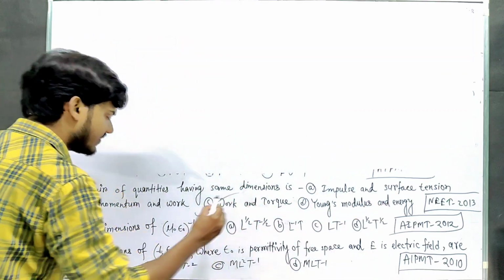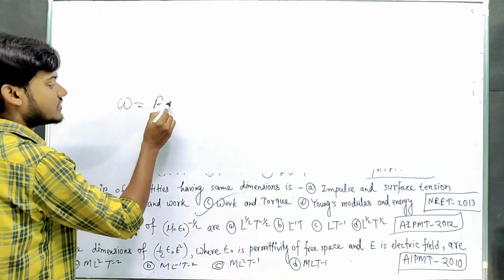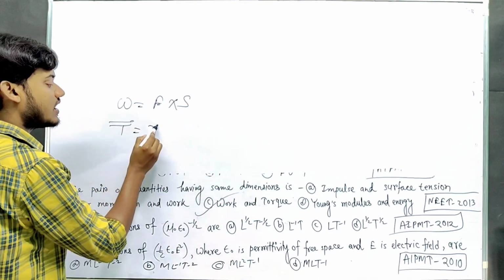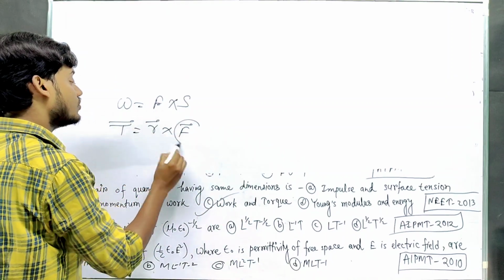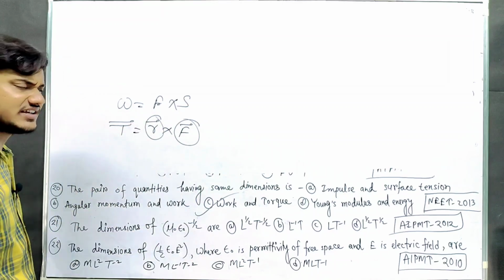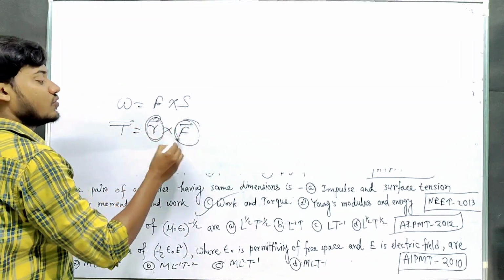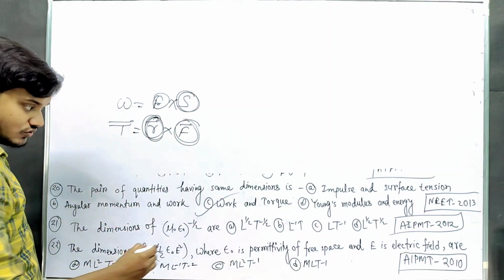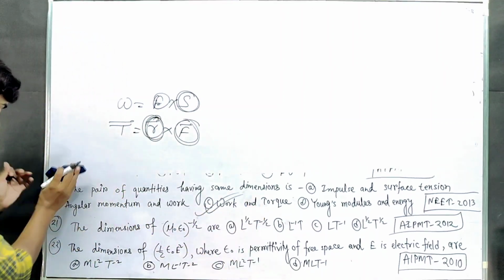We know work and torque, because work equals force into displacement, and torque equals r cross F, force into displacement or radius, whatever you say. So force, displacement L, radius L, so work and torque have the same dimension.